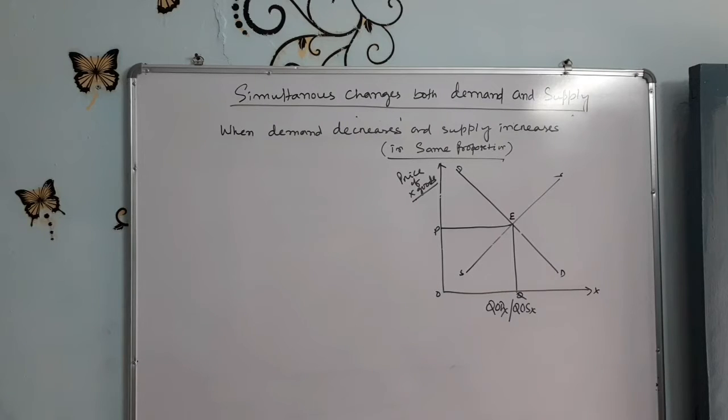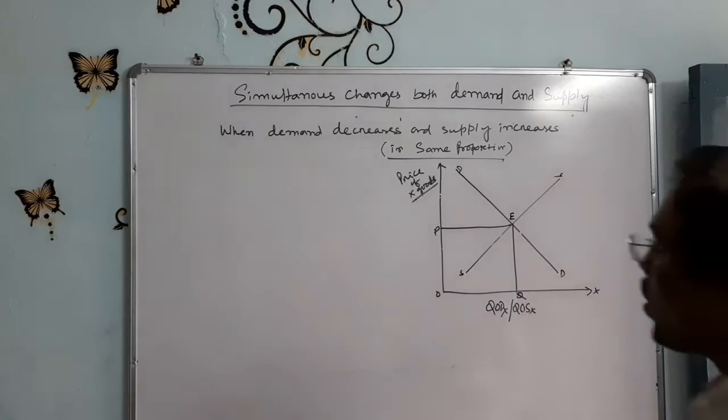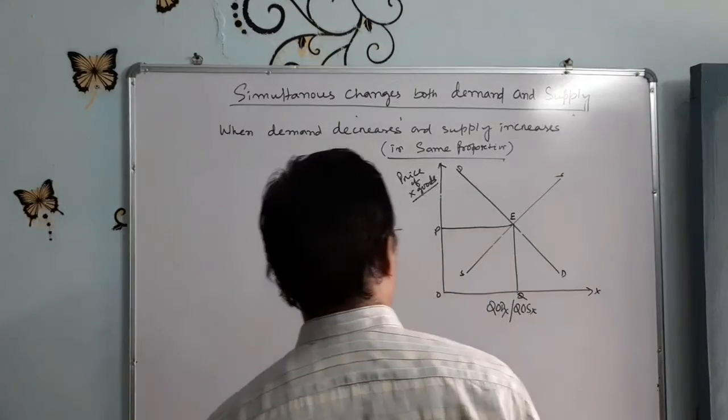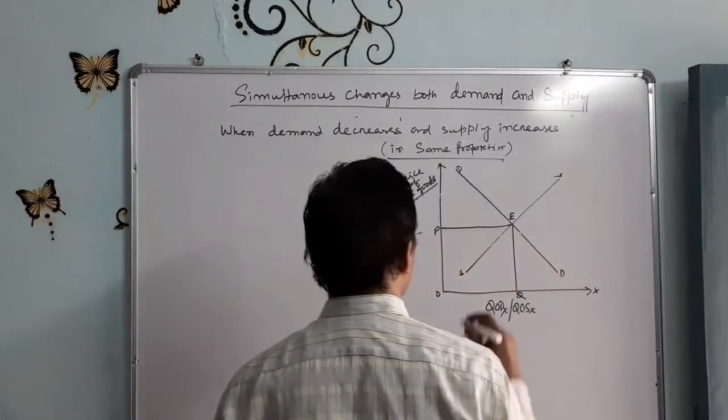Suppose demand decreases. If the demand decreases, it means it shifts towards the left.